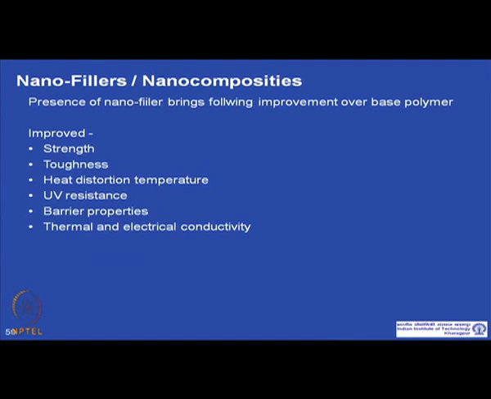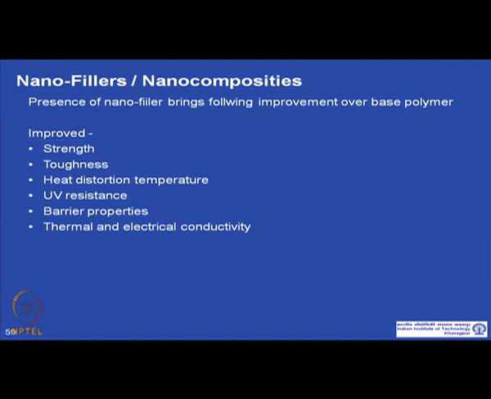Now, what do the nanofillers do to the base polymer? They improve some of the properties of the base polymers like strength, modulus, toughness, heat distortion temperature, UV resistance, and barrier properties. We gave the example of nanoclay during the discussion of barrier properties.